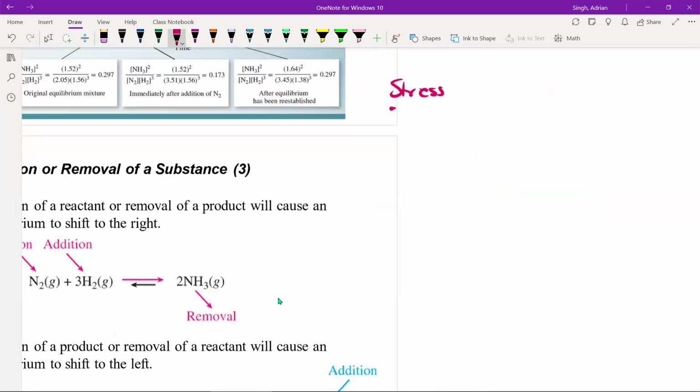This is going to be our stress, and this is going to be the shift that accompanies that stress. The stress we're applying, generalizing from the first one, is if we add a reactant, the equilibrium is going to shift to the right, or to the product side.